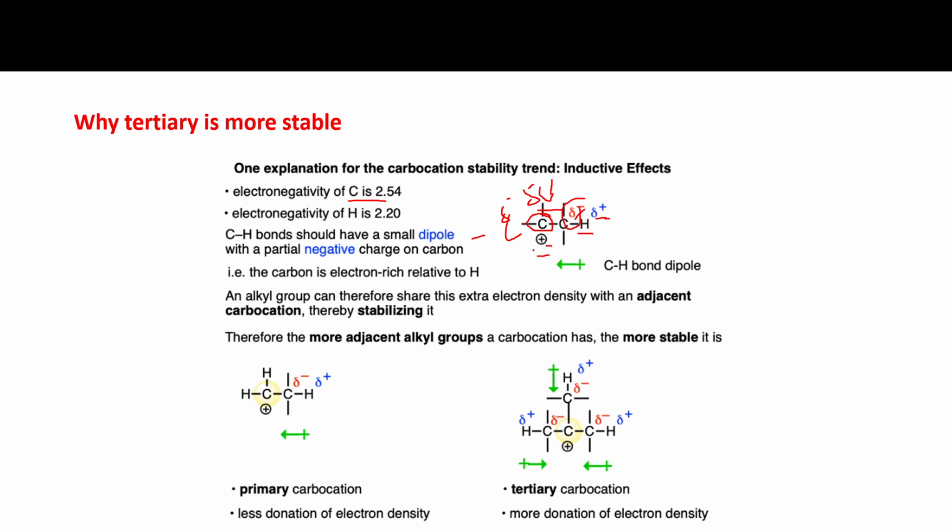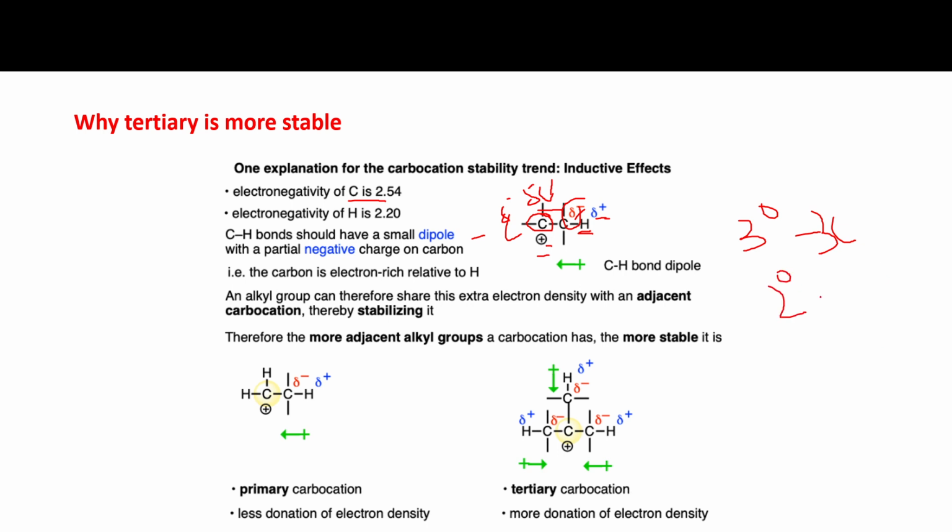So when you have a carbocation with adjacent carbons that have some delta positive groups attached, that will stabilize your carbocation more. For this reason, when we have the tertiary carbocation, we have three carbons adjacent to the carbocation.